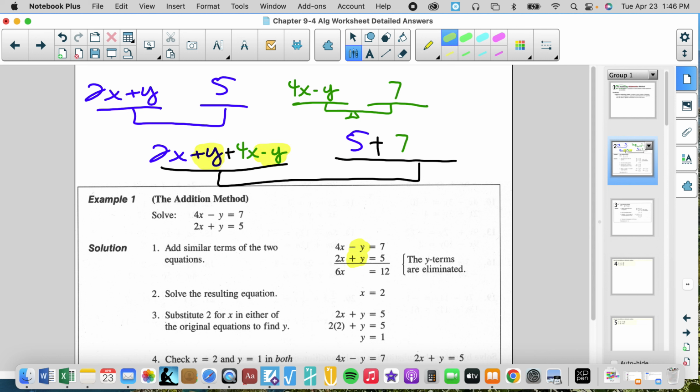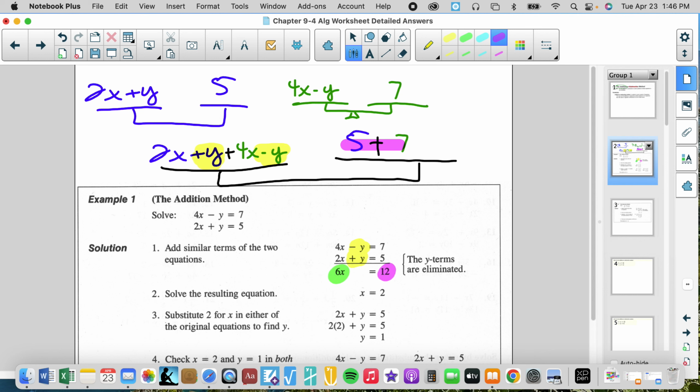And that positive y and negative y cancel, and we notice that we're just left with x's. And then we have two constants on the right side, so we can isolate and solve: x equals 2. We can plug it back in and find out what y is. So that's what addition is doing.